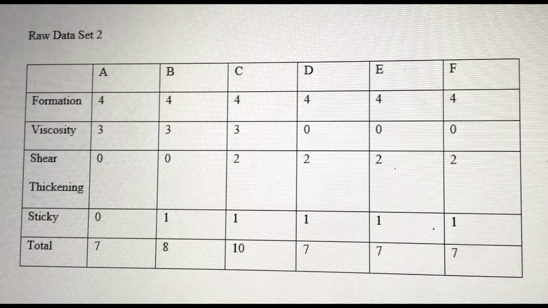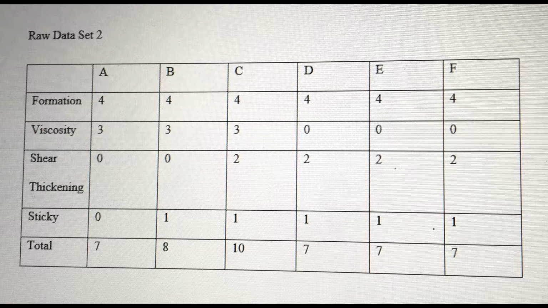For solution D, which was 1 teaspoon of borax in solution, it was awarded 4 points for formation, 0 points for viscosity, 2 points for shear thickening, and 1 point for stickiness. It totaled at 7 points.